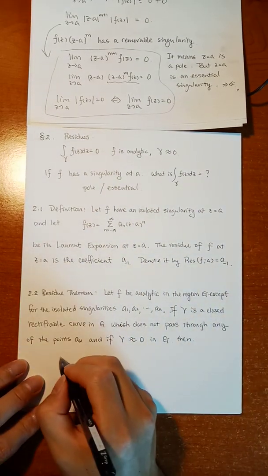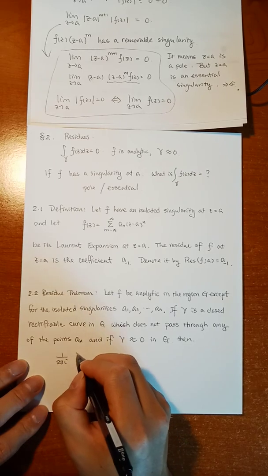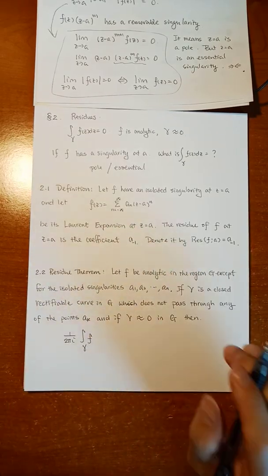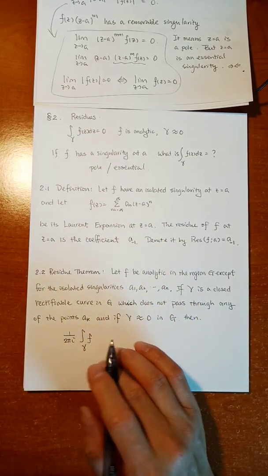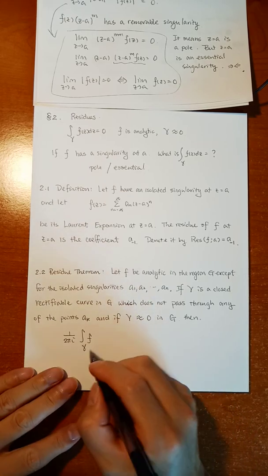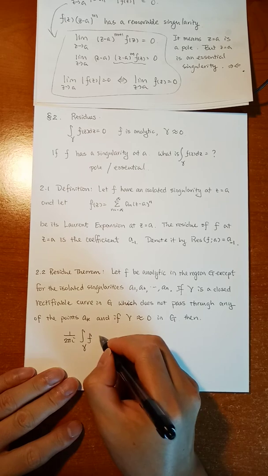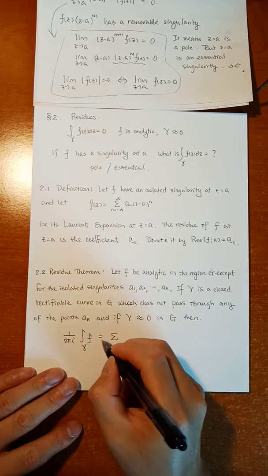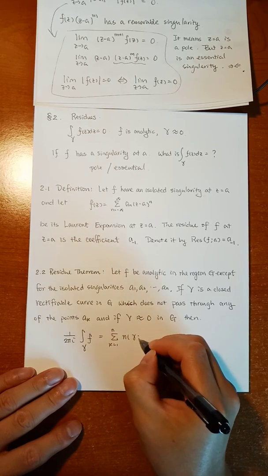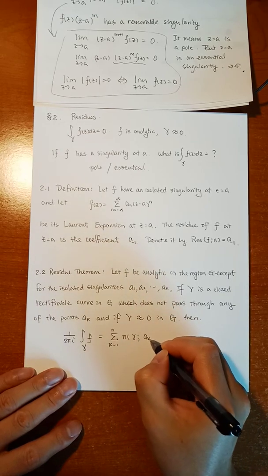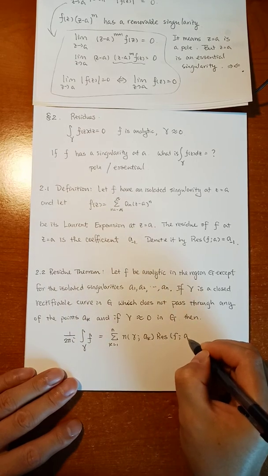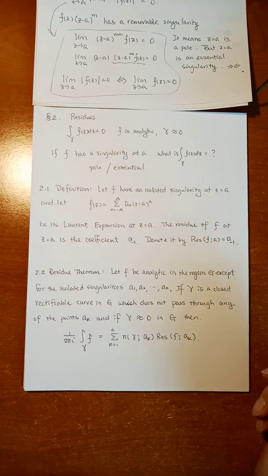Then what we can say is that 1 over 2 pi i times the integral along gamma of f, this analytic function with poles, is equal to the sum over k from 1 to n of the winding number of gamma with respect to a_k times the residue of f at a_k, k from 1 to n.